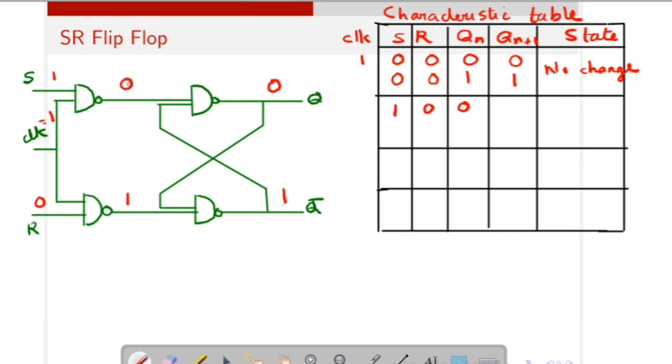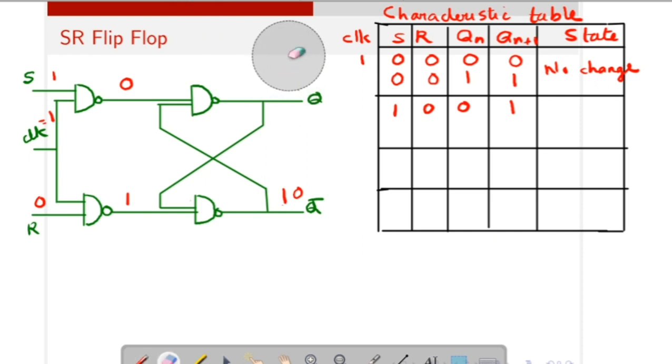For this NAND gate, one of the inputs is 0, so output is 1. For this NAND gate, this 1 is feedback, 1 1 is equal to 0. That means we get the Qn plus 1 output as 1. So when input is 1 0, S is equal to 1 and R is equal to 0, and present state is 0, then next state is 1.